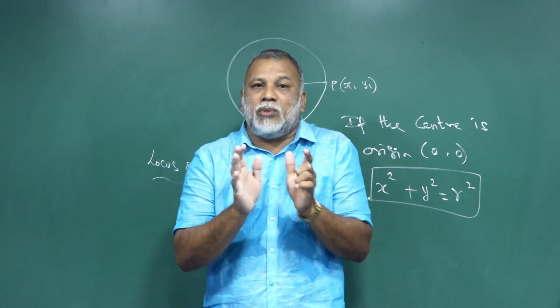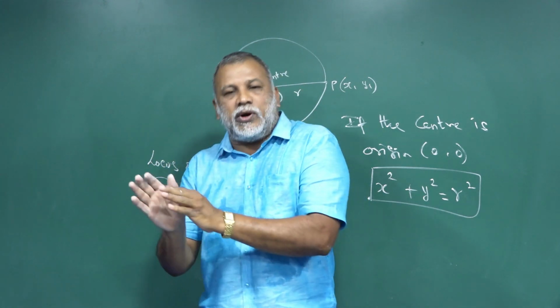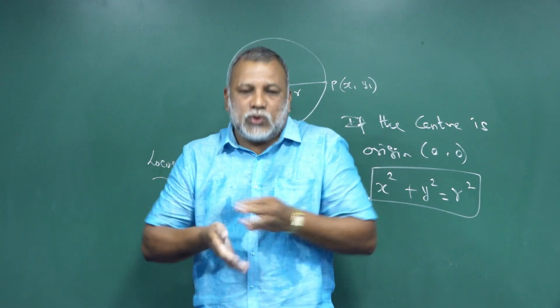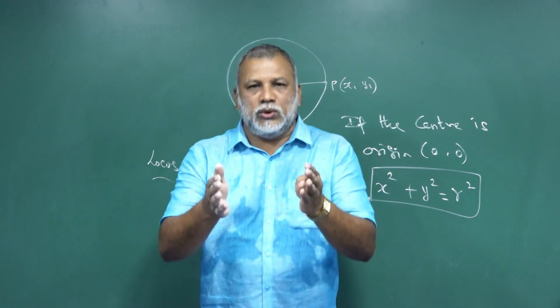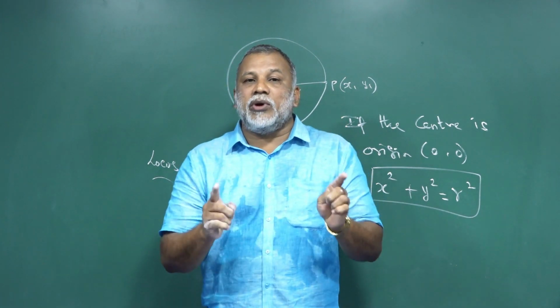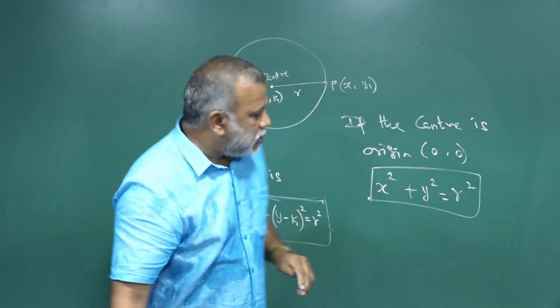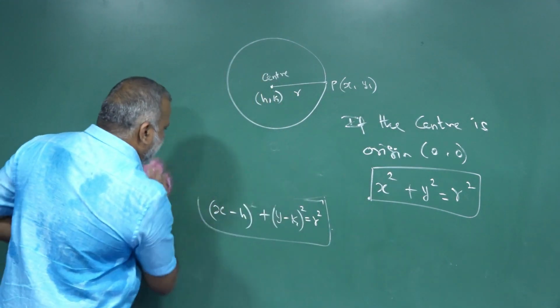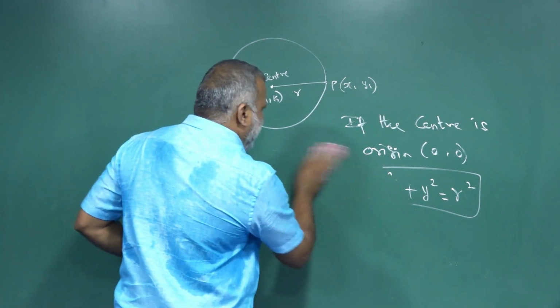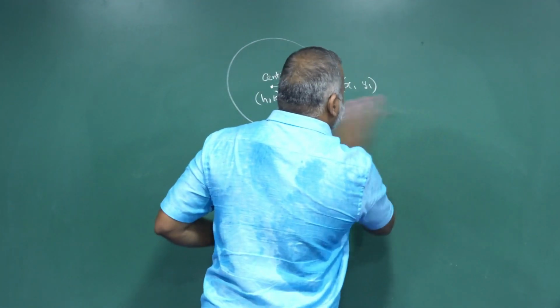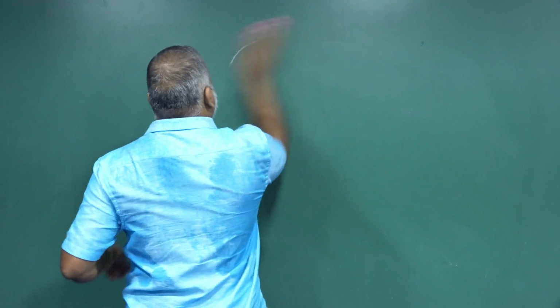Without the specified geometrical condition, we cannot form the locus. So I wish to move with the help of the geometrical condition. That is called locus: the path traced by a moving point according to a specified geometrical condition.